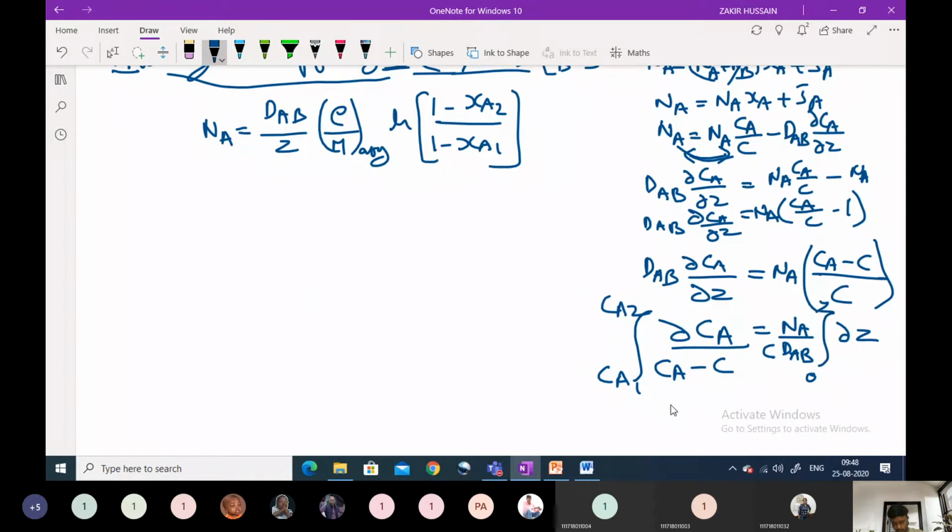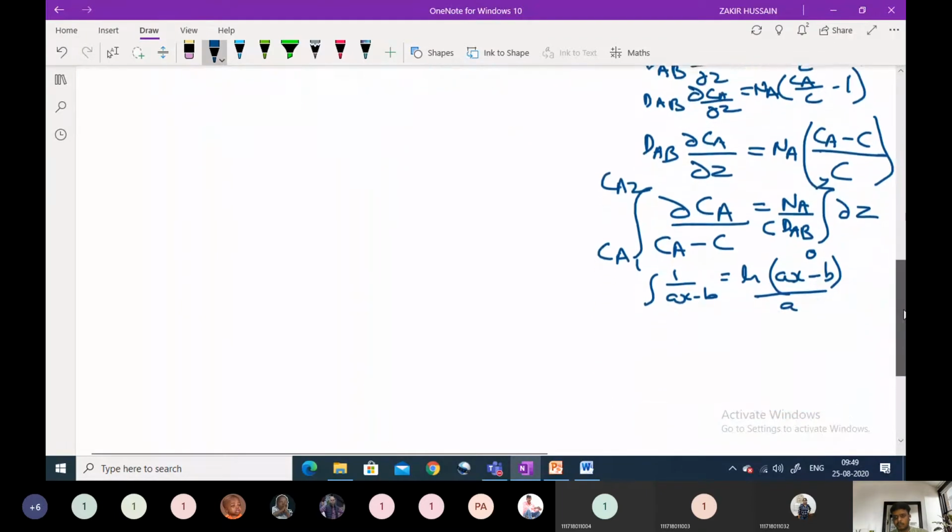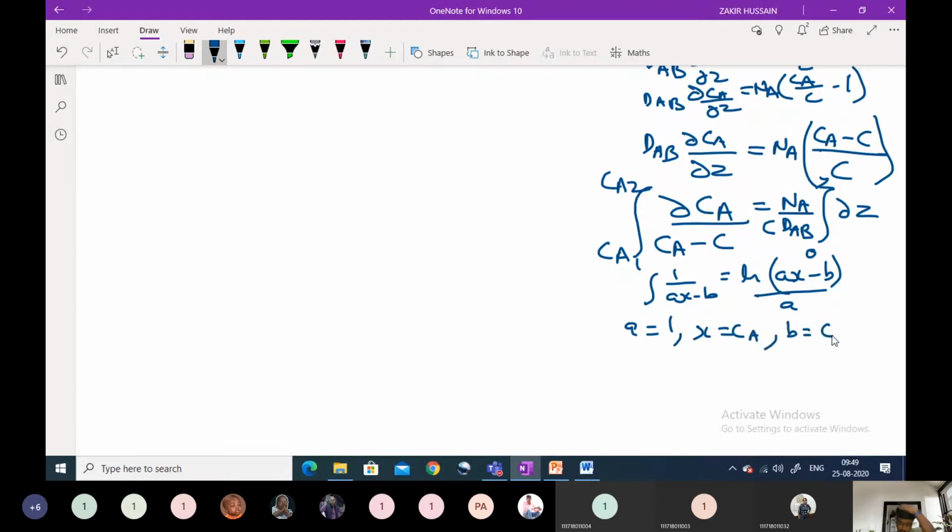It is in the form of 1 by Ax minus B. So the integral of 1 by Ax minus B is ln of Ax minus B, divided by A. If we compare this equation with the standard formula 1 by Ax minus B, A is equal to 1, X is equal to Ca, and B is equal to C. So we can write the solution: ln Ca minus C by A, where A is 1.